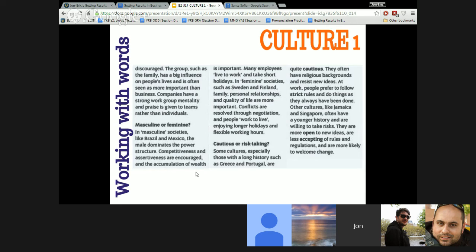Yeah, I don't agree. I don't understand the link between masculine and feminine with the live to work or not. Well, I think he's trying to say that you have an alpha male culture where we're very aggressive or something. I don't know. Well, anyway, our job is just to develop the language to talk about culture. We don't have to agree with his ideas in particular, but there are some good vocabulary words. That's the main thing.